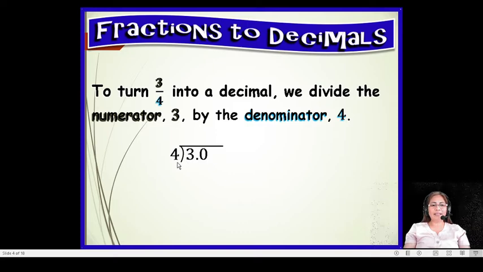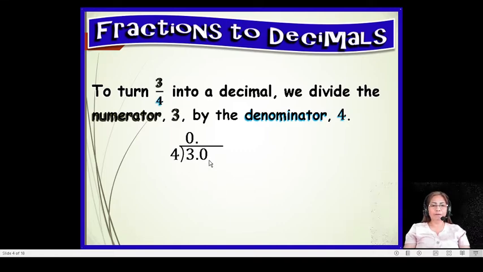But we can't have 4 in 3. So, we add a decimal point and add 0. Then, don't forget to write the decimal point aligned on top. So, align the decimal point, then proceed as dividing a whole number.